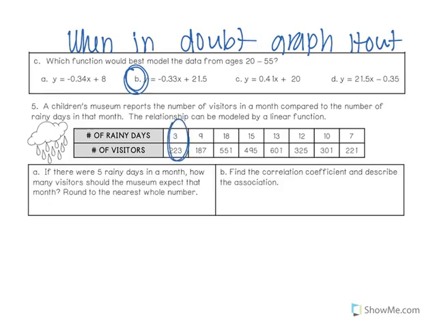So there's 3 and 7. I would say 5 would be anywhere between 223, and we could also say 9 because that seems kind of close too. So anywhere between 223, 187, and 221. Because of that 9-day one, I'm going to go with about 197 visitors.